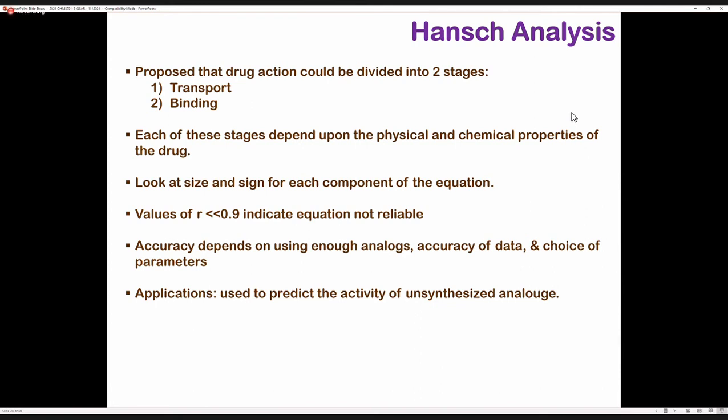But these properties depend on the physical and chemical properties, and then the science. So this Hansch analysis is basically when you want to compare your log 1/C with your data, right? Your R comparison must not go too far from one, or in this case the slide says it cannot be much lower than 0.9.